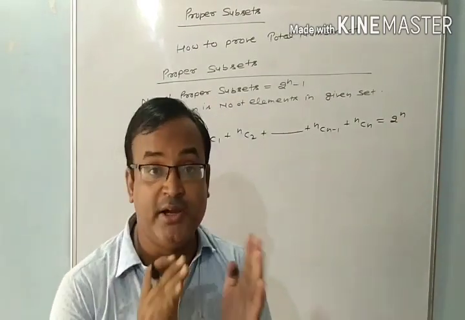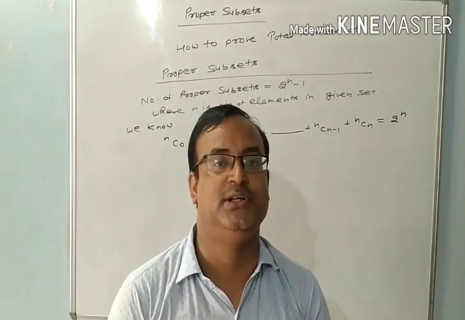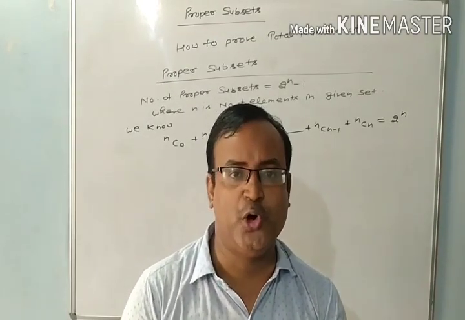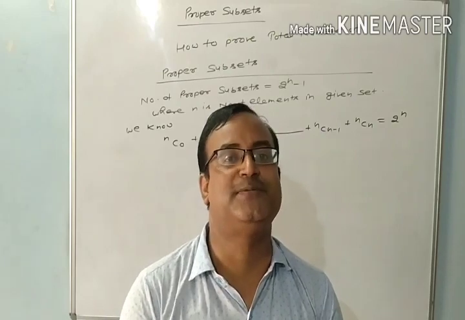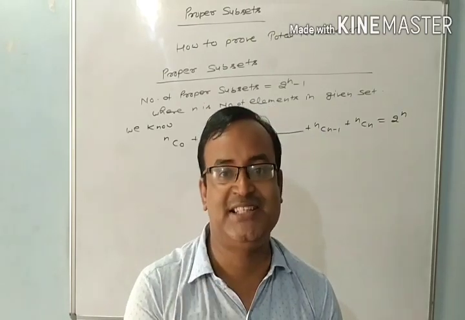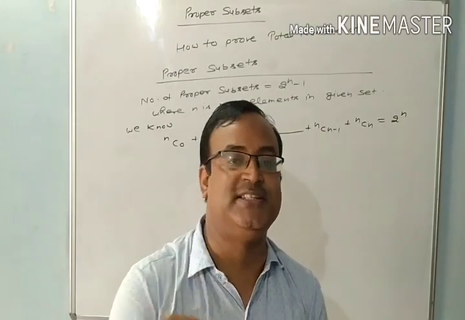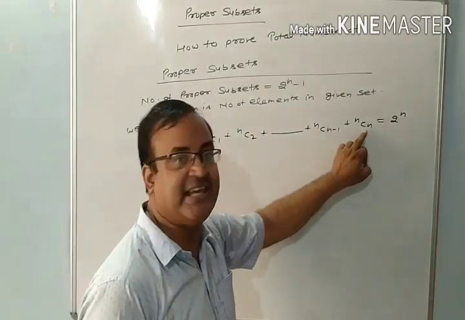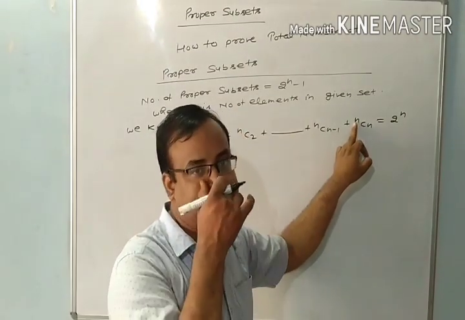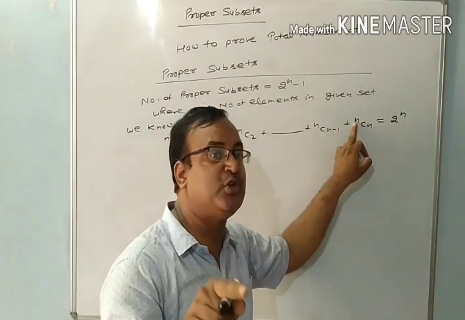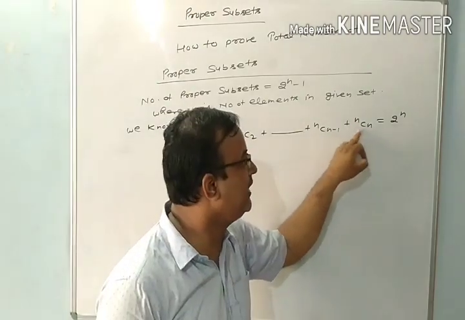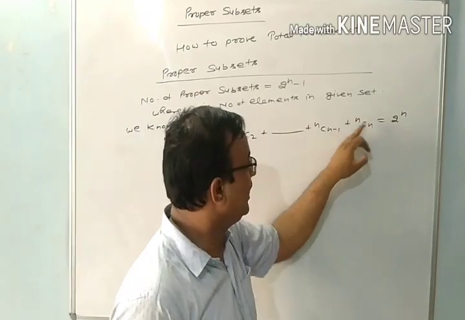But here we are going to discuss the formula for the total number of proper subsets. You know, no set is a proper subset of itself. This is a very important thing. So we will not take the case where I have selected all n elements of the set, because by the definition of subset we know that every set is a subset of itself. So now we will eliminate it.